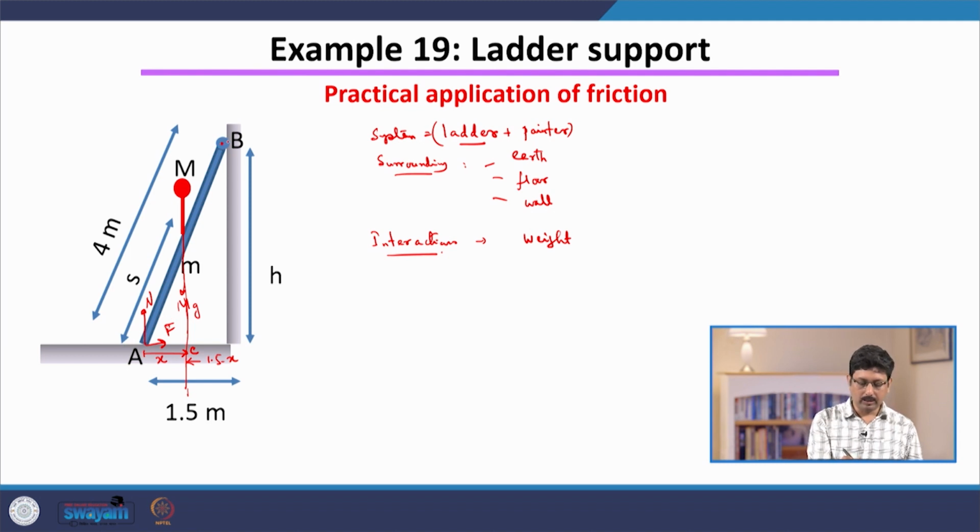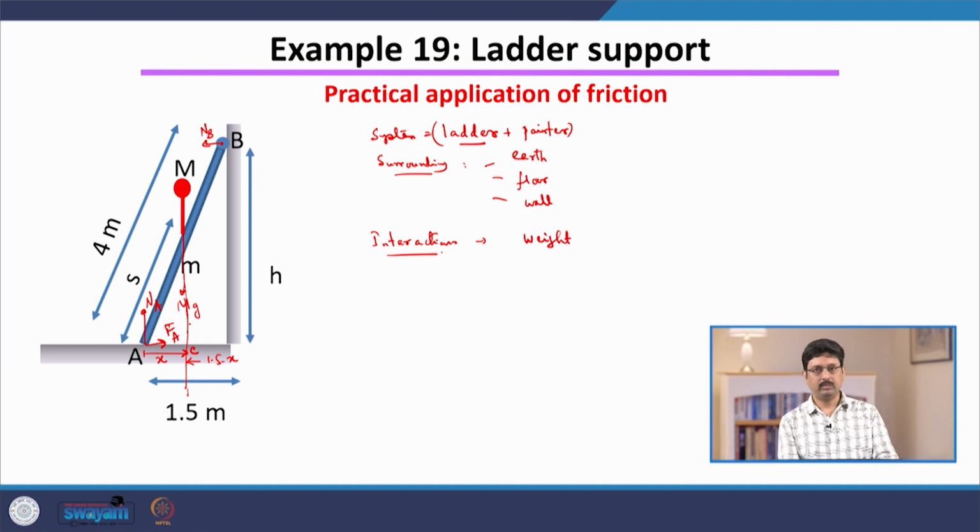The other contact is at point B, and here the problem says that there is a roller. The significance of this roller is that this contact cannot support a force parallel to this plane, it will start to roll. So, it is a completely frictionless contact. The only force that is possible is, let us call that at B, and at A, let us call that Fa.